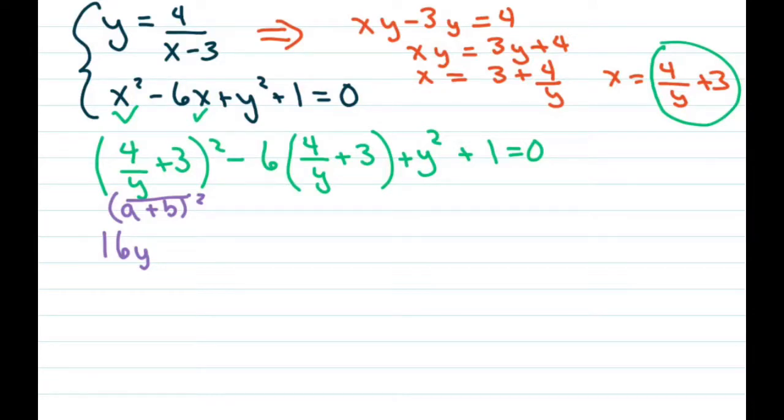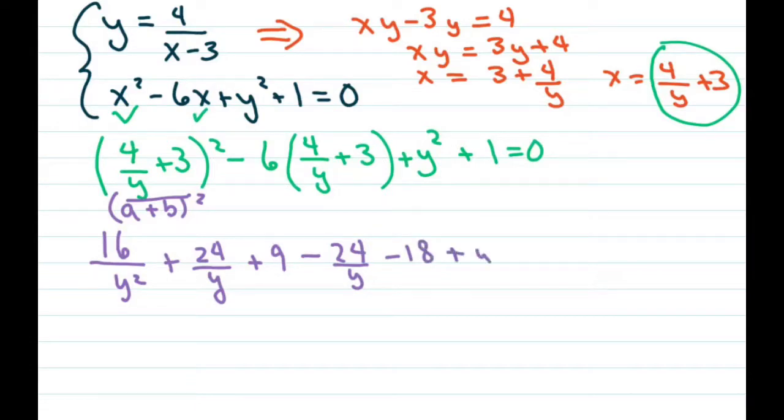So it's 16 over y squared plus, you multiply 4 times 3 is 12, times 2, that's 24 over y, and then square your 3 and you get 9. And on this part, you distribute the 6, get negative 24 over y minus 18, plus y squared plus 1 equals 0.